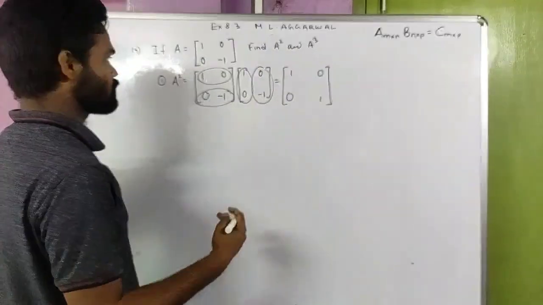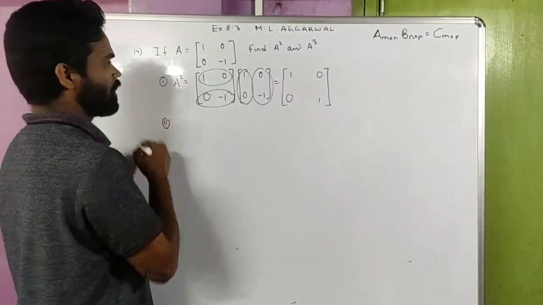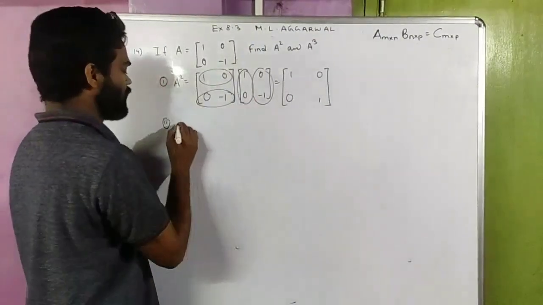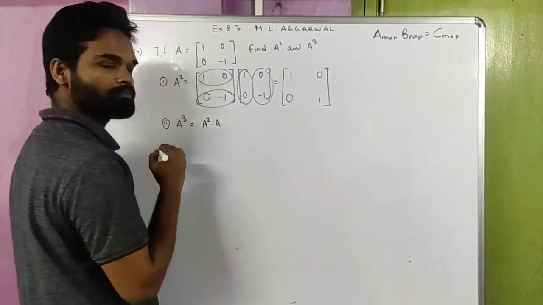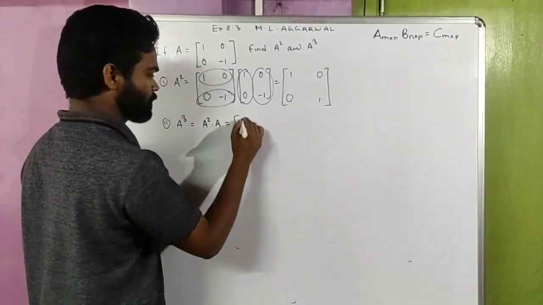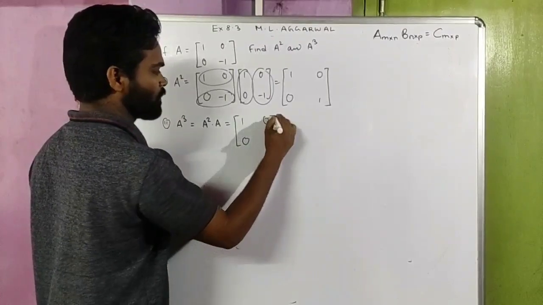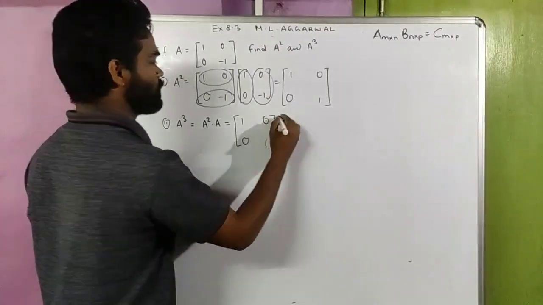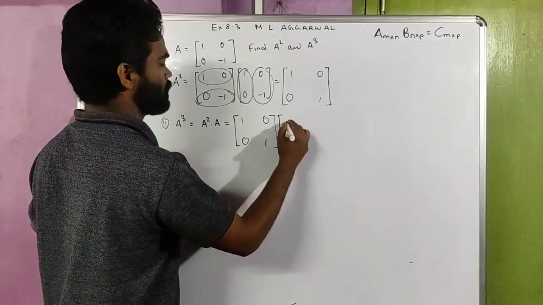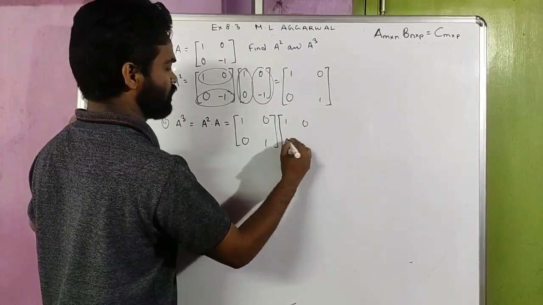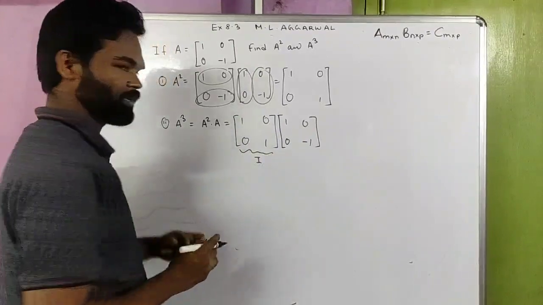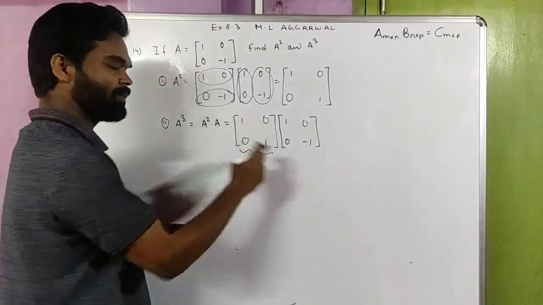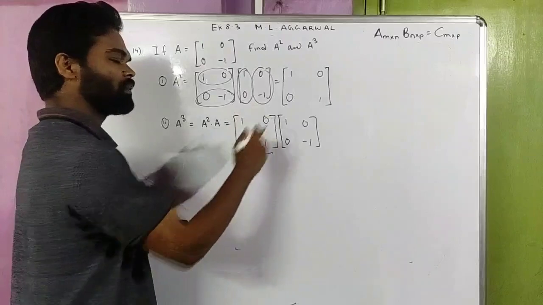You can solve it and see. I've directly written the answer. Now A cube. So A cube will be A square multiplied by A. So that's 1 0 0 1. And A is how much? Now if you look carefully, this is an identity matrix because the diagonal elements are 1, 1 and the rest of the elements are 0.